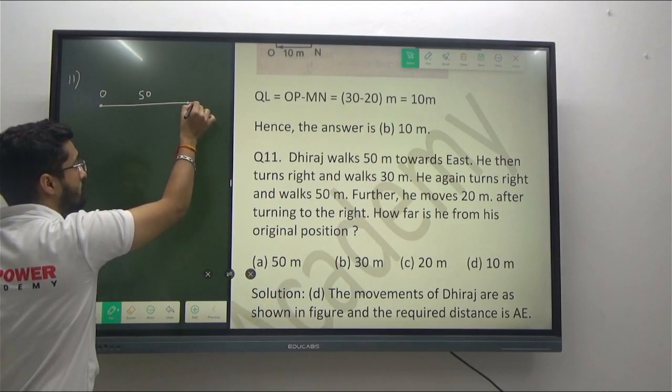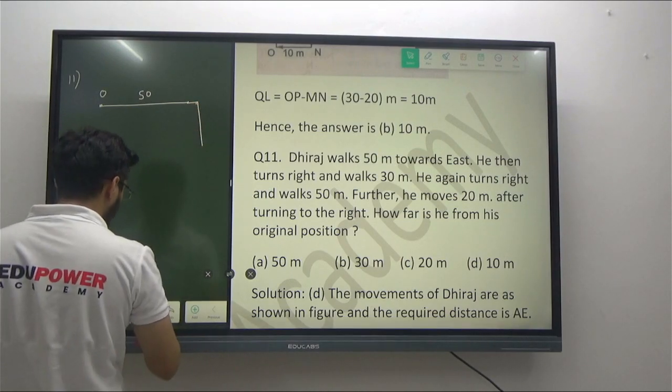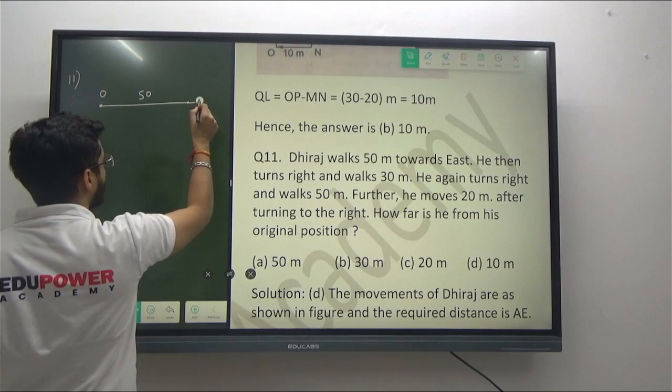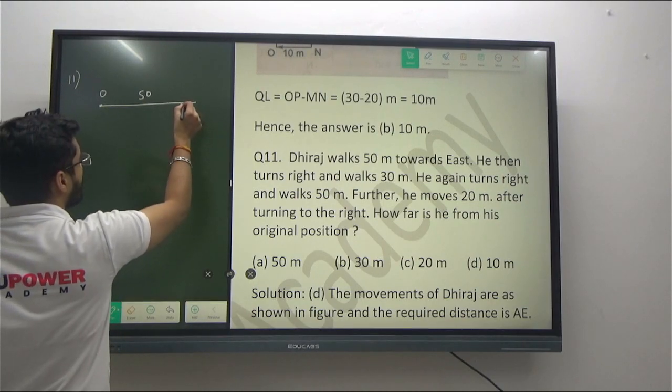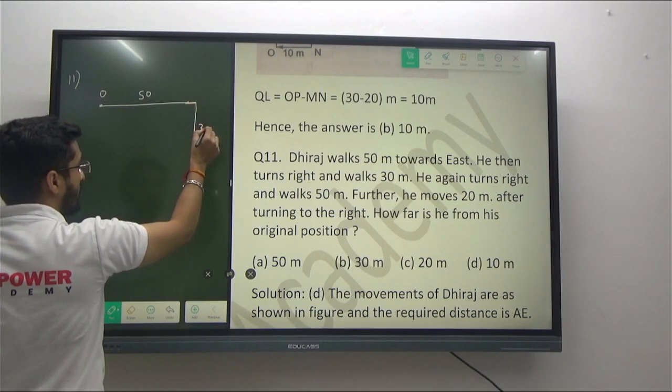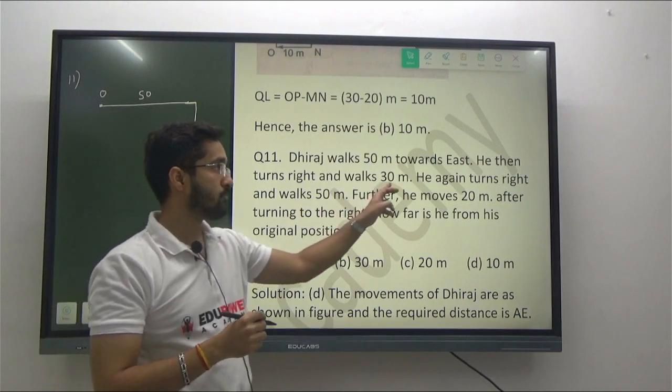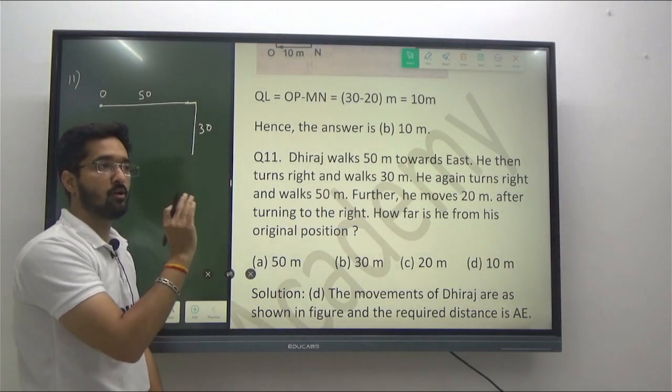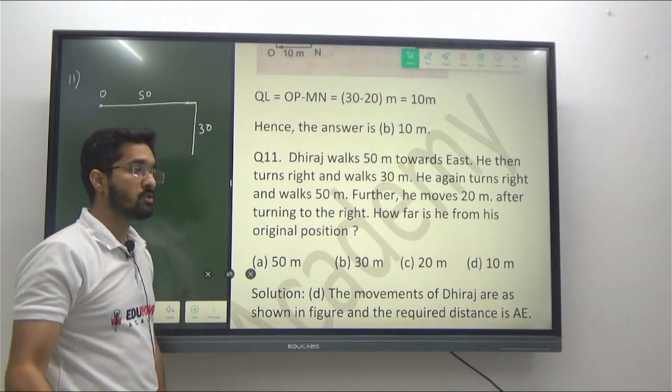Turns right, and walks 30 meter. So, this way he is going. If he turns right, right will be towards the south.